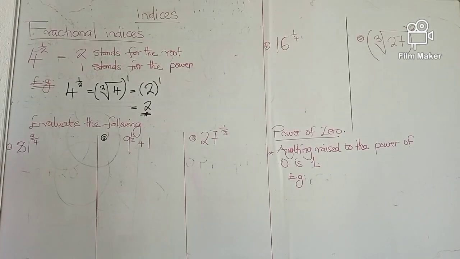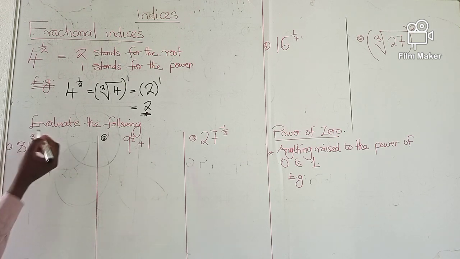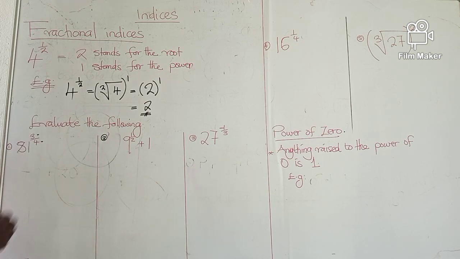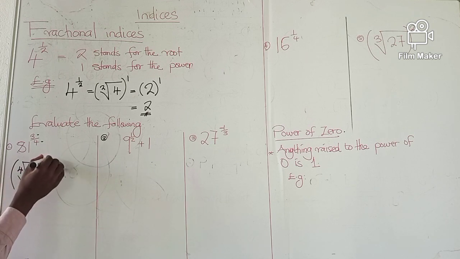Okay. Let's go into some exam questions. Number 1, 81 raised to the power of 3 over 4. Here, this 4 is the root, and the 3 is the power. So they're asking us to find the fourth root of 81.